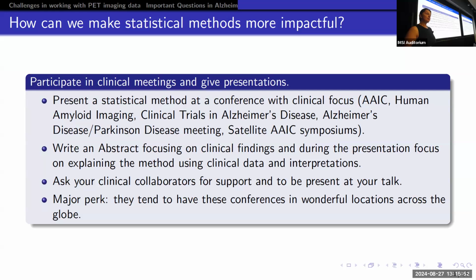You write an abstract with a clinical focus, then you go and present a method, relate it to the clinical data, use interpretation and inference, and you can talk with the clinicians in their own language. Ask your collaborators to be there and support you, and call on them when you are asked questions in the clinical world. And they tend to have them in really nice locations.